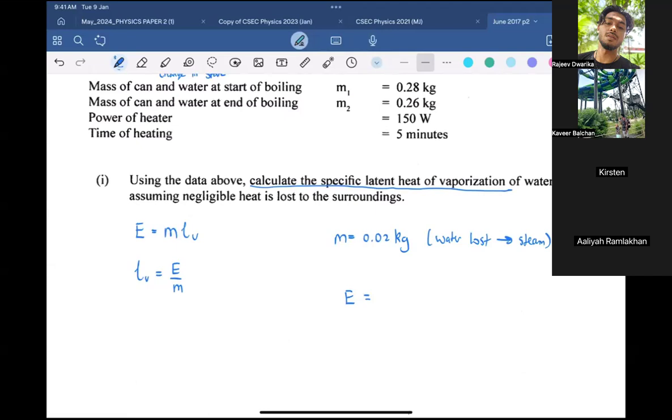Aliyah, Justin, Aliyah, do you have the physics formula sheet? I think it's on the group.